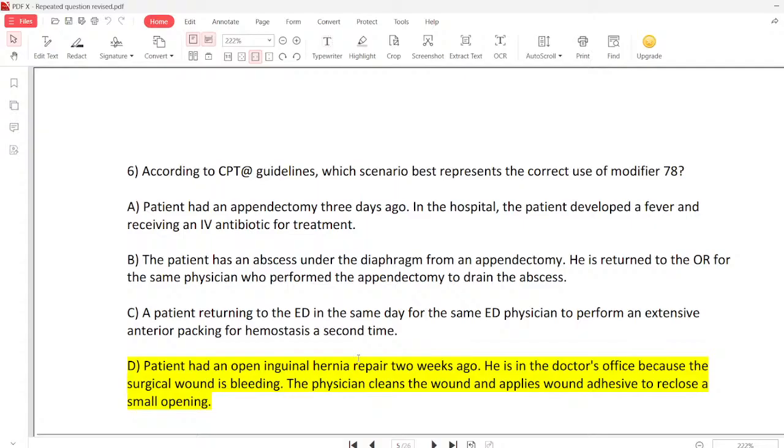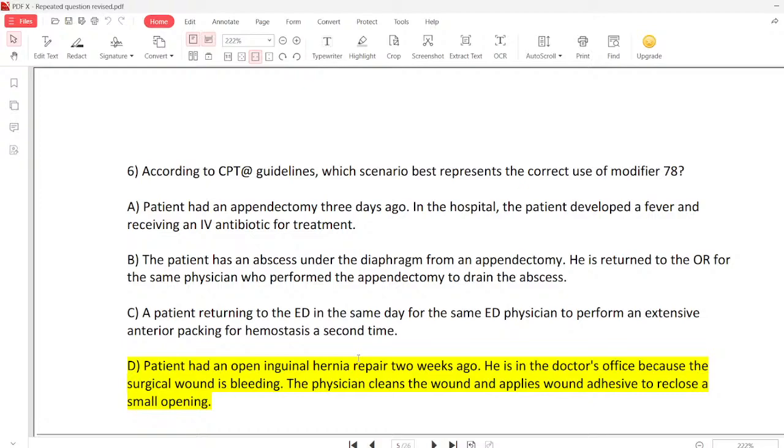Next, also CPT guideline related: which scenario best represents the correct use of modifier 78? Modifier 78. So take the modifiers page number. Read the description of modifier 78, and take the appropriate answer from the statements above.